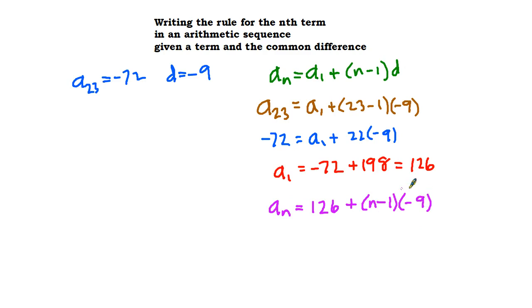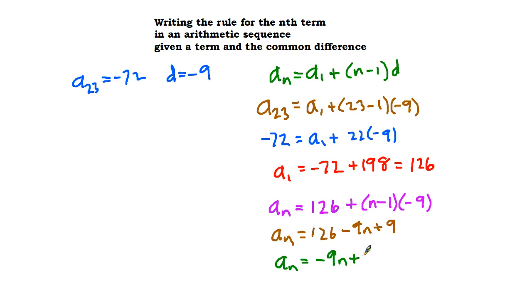And then I'm going to go ahead and distribute the negative 9 and combine like terms and make it nice and neat and pretty. So let's do that. So a sub n equals, let's do 126 minus 9n plus 9. So in other words, we get a sub n equals negative 9n, and then 9 plus 126.